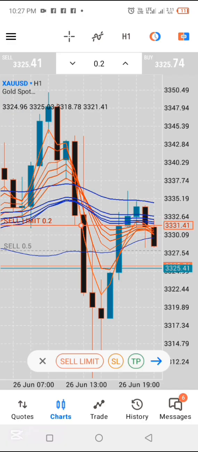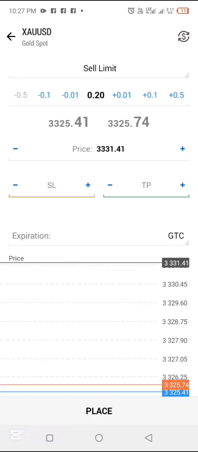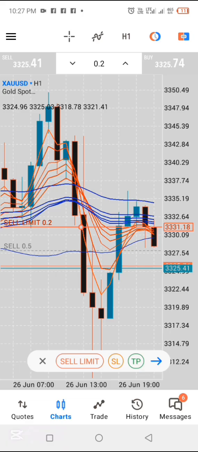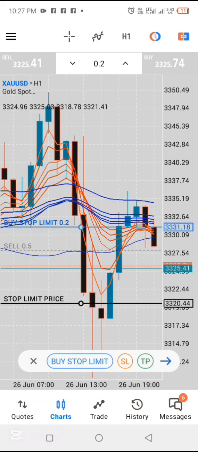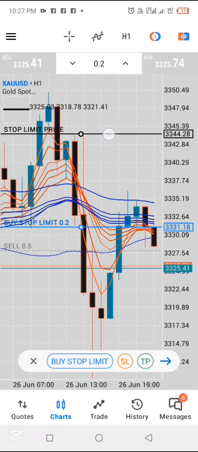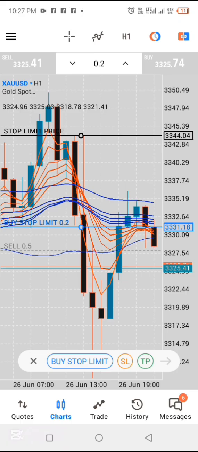Then let me set, okay, this is a market that has already passed. I'm just trying to make a reference to it. So the next thing is, you place a buy stop at the top here, and you place a sell stop here.